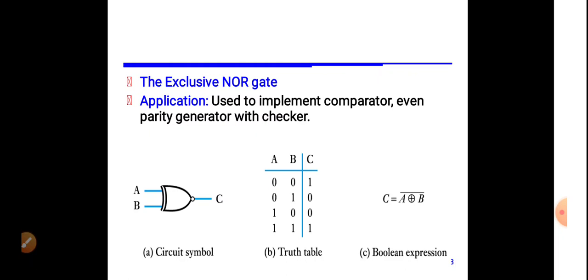In the case of the Hamming code, in order to detect and correct a single error, we use parity bits. These parity bits may be either even parity bits or odd parity bits. In order to generate either even parity or odd parity, we can use either an XOR gate or an XNOR gate. These are the basic gates which we will be using in terms of Boolean functions and their significance.